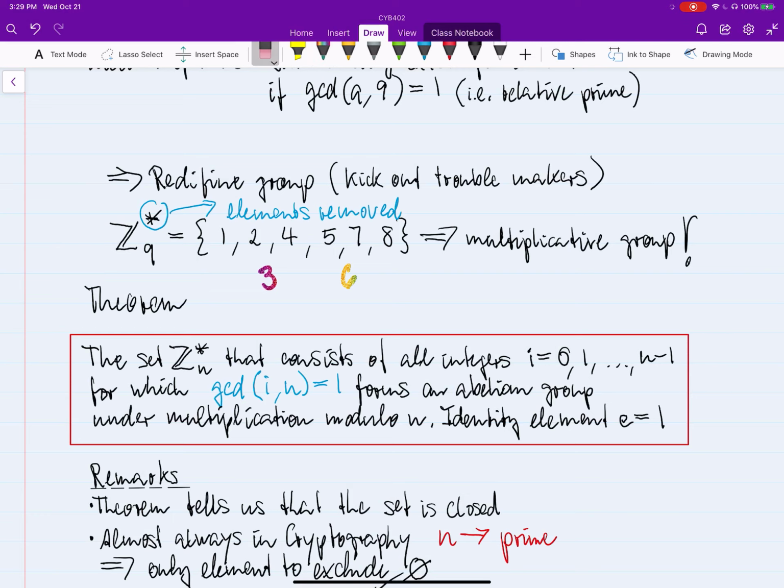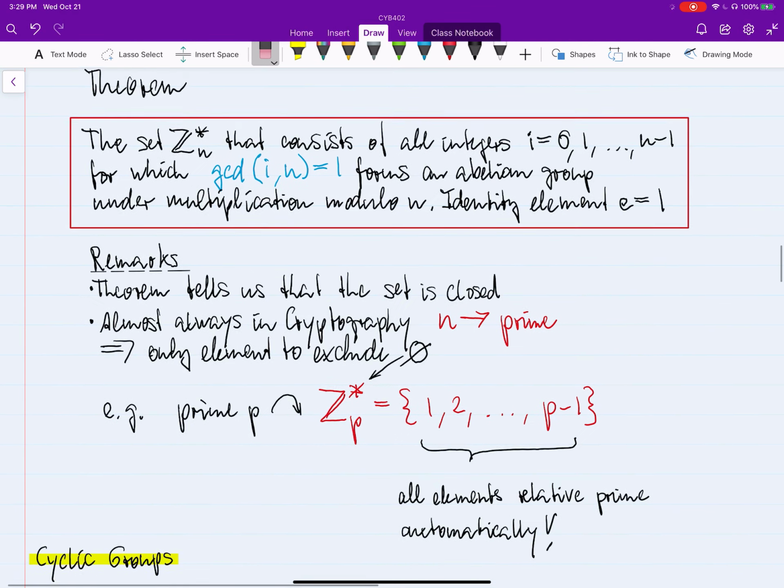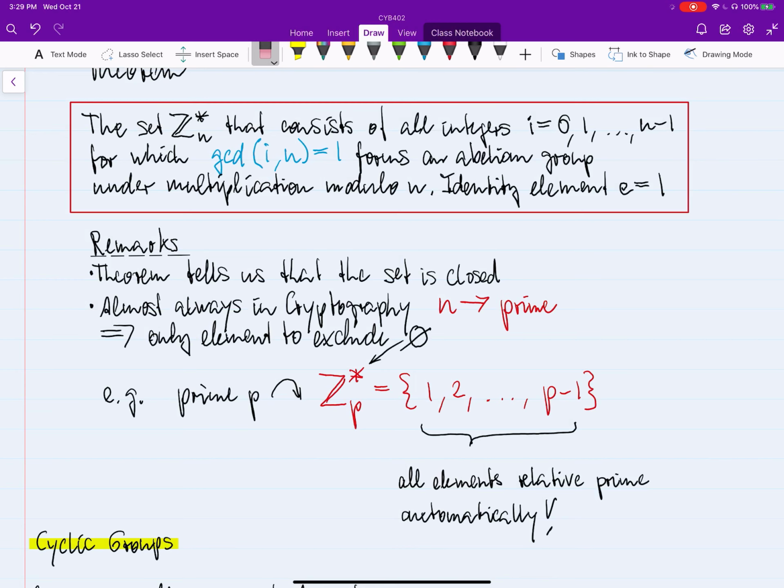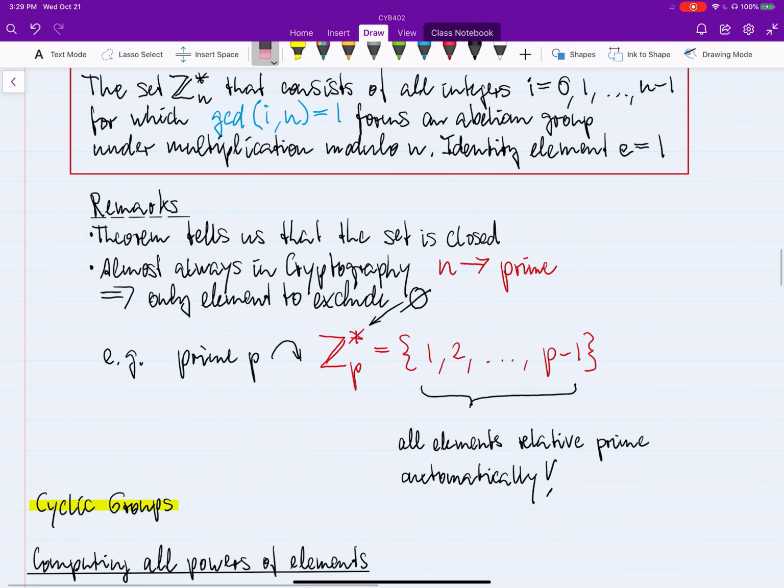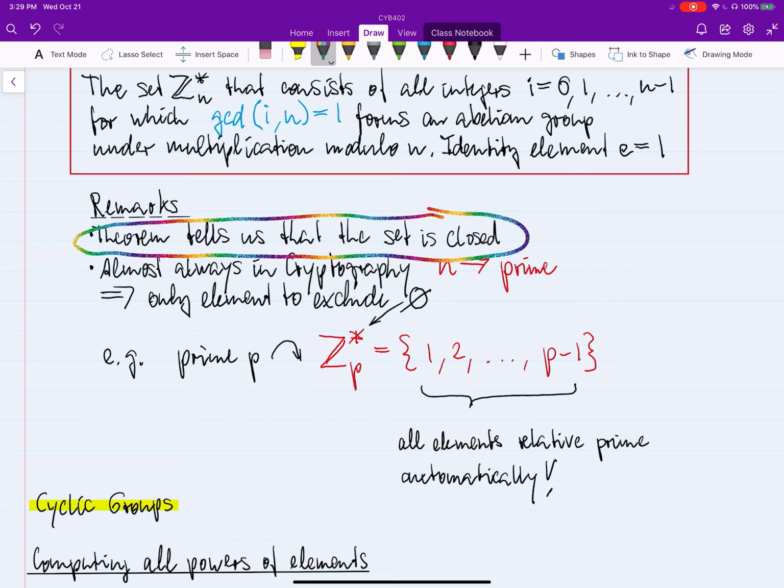So this is kind of surprising, and the theorem tells us that this is true. What I just said, in the remarks here, is that the theorem tells us that the group is actually closed.